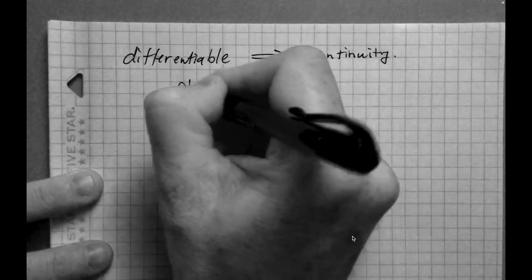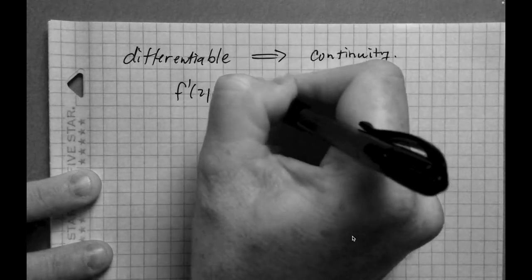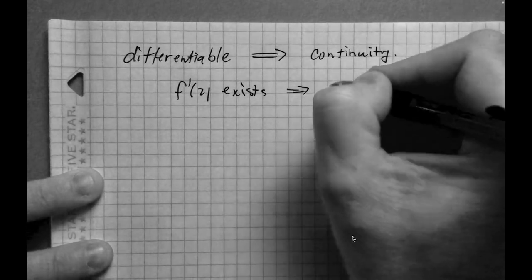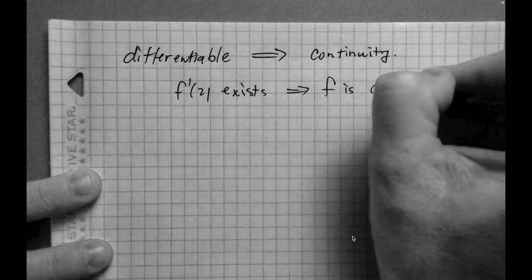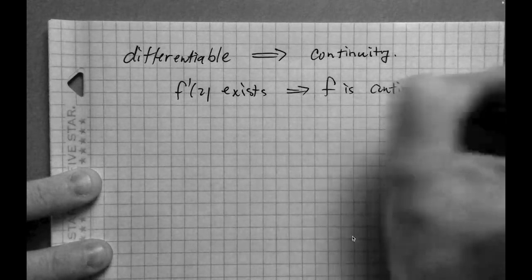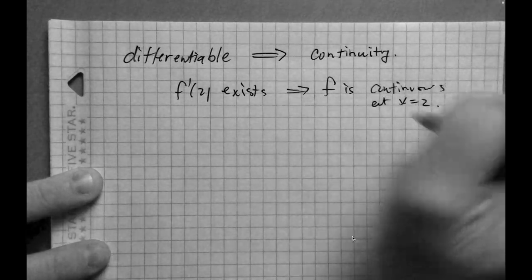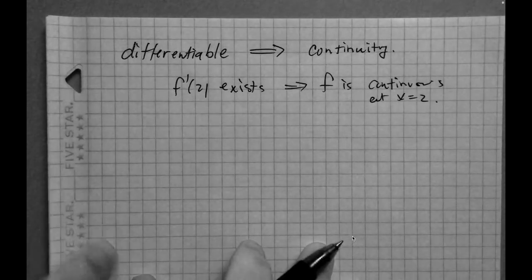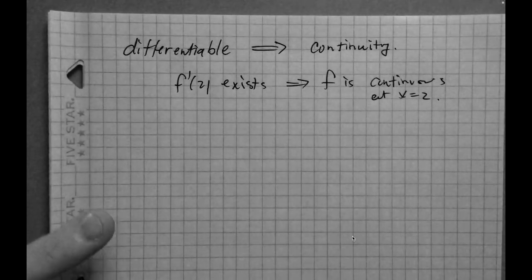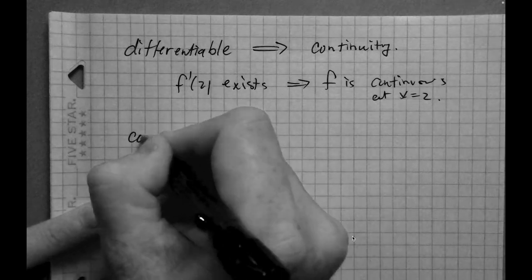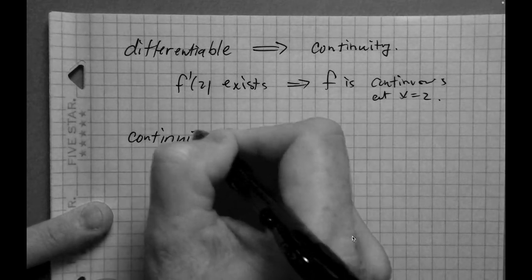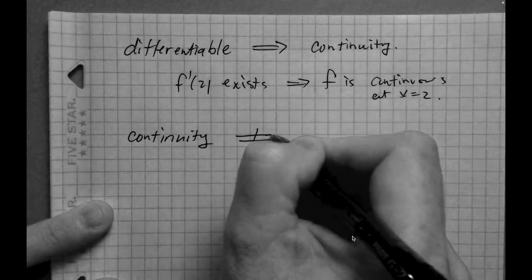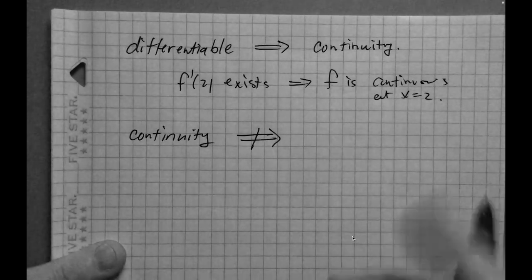So f prime of 2 exists implies f is continuous at x equals 2. Basically that's what that's saying. Now the reverse is not the case, right? So continuity does not imply differentiable.